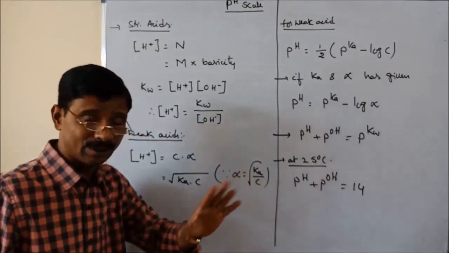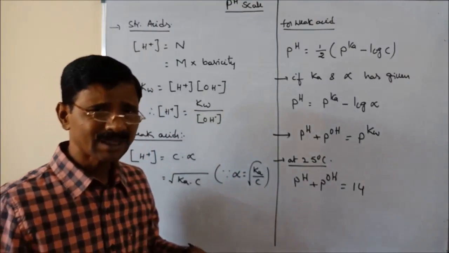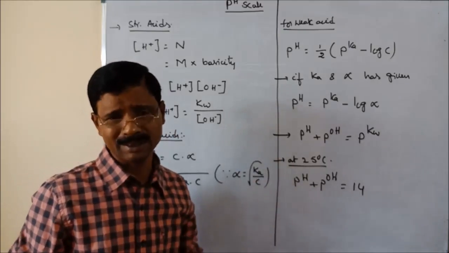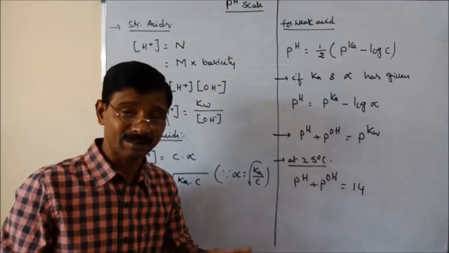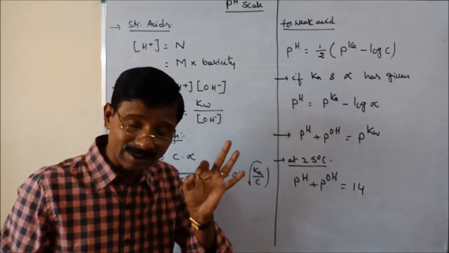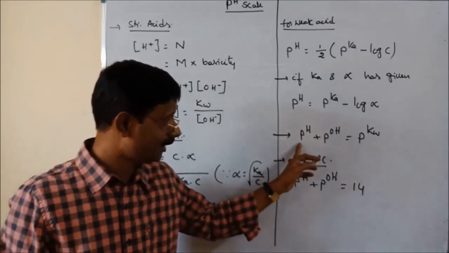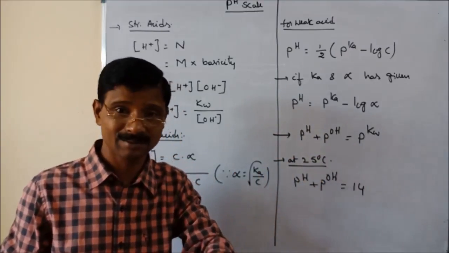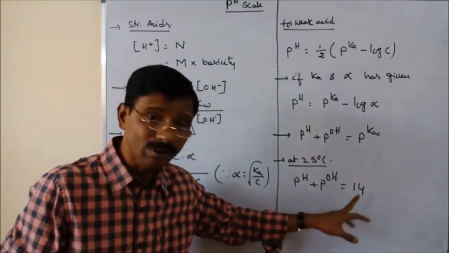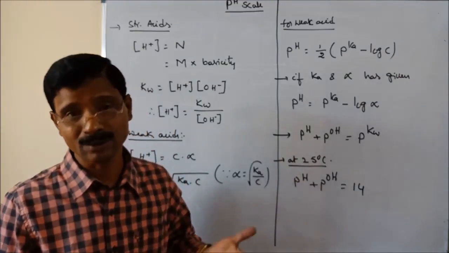Sometimes if you observe the statements, at all temperatures, sum of pH and pOH will be equal to 14. Is it correct? No, that statement is wrong. At all temperatures, sum of pH and pOH will be equal to pKw. That is correct. But it will be equal to 14 only at 25.